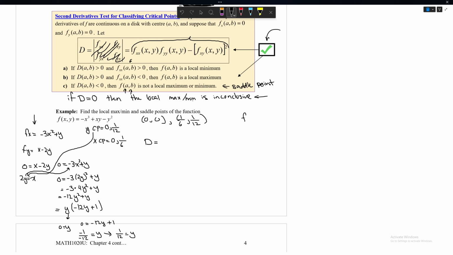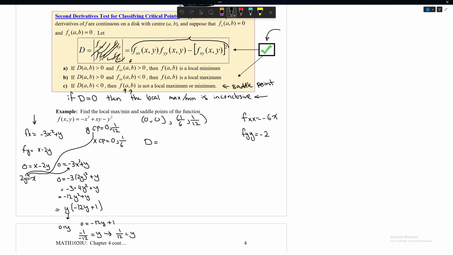So f double x equals negative 3, bring the 2 down, you get negative 6x, plus y is a constant, so it goes to 0. Now for fyy, x is a constant, it goes to 0, and then negative 2y, when you derive it, you just get negative 2.